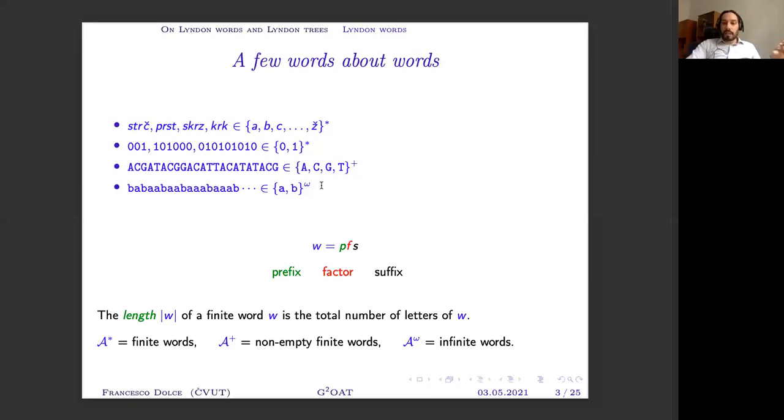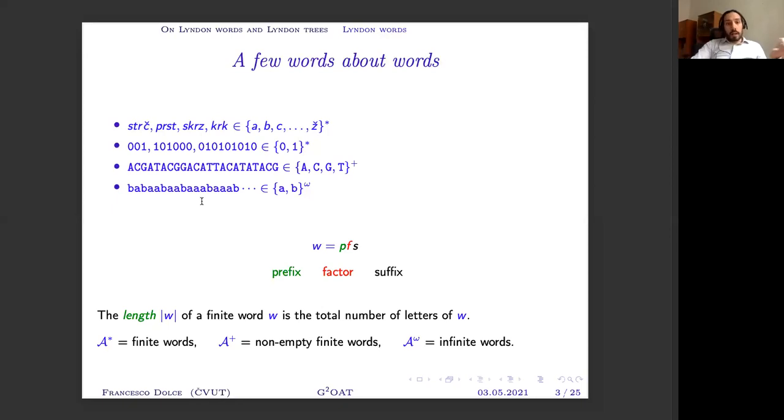And this omega we use when we consider infinite words. Another convention is that we use the notation with the bars when we want to talk about the length of a finite word. The length means just the number of letters that are inside. So for instance, here are words of length 4, 3, 3, 6, and 9, and so on and so forth.